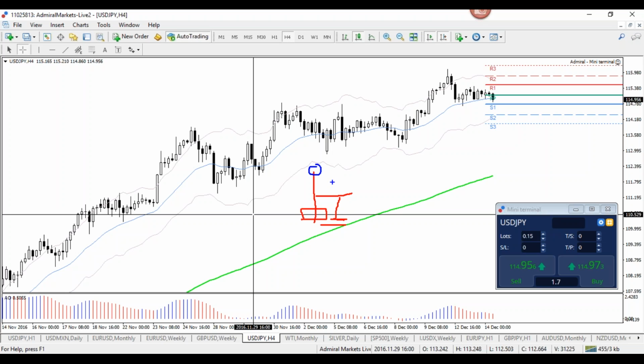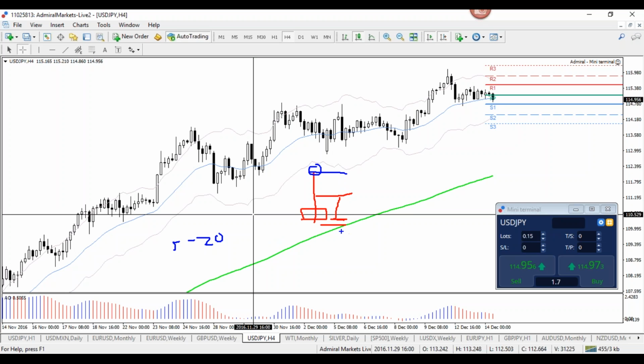A lot of systems go 5 to 20 pips above a high like that, not just 1 pip above it. Sometimes you get a double top, sometimes you might even get a small break of the high, and you might want to go a bit above that just to give some space.